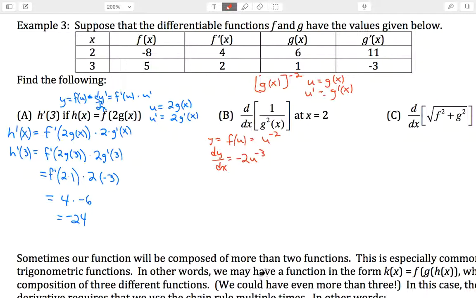Be careful because we have a tendency to want to make that negative 1. It's negative 3. That's f prime, times u prime, which is g prime. And we said u was g of x.